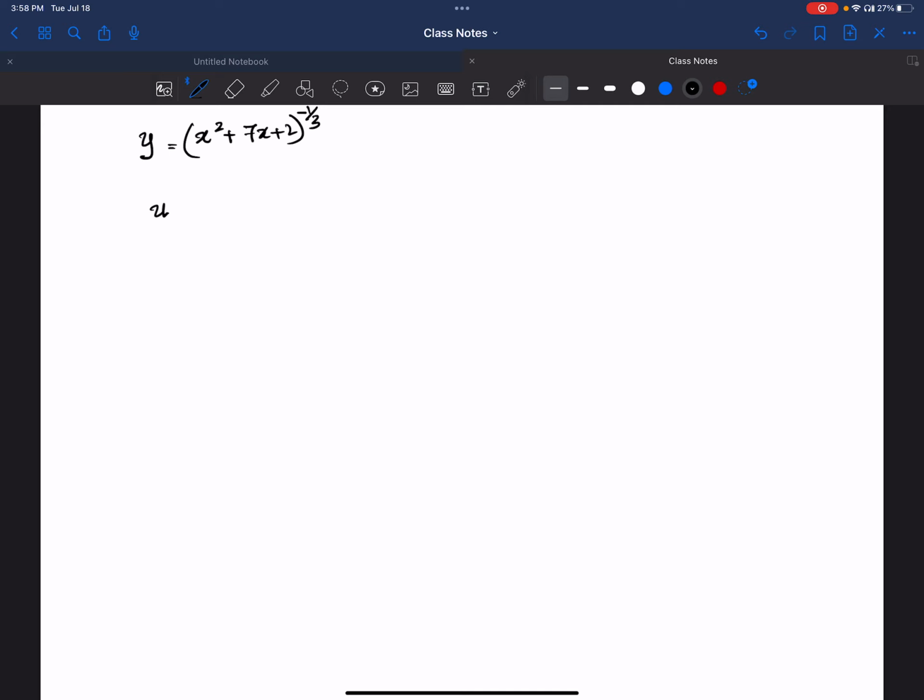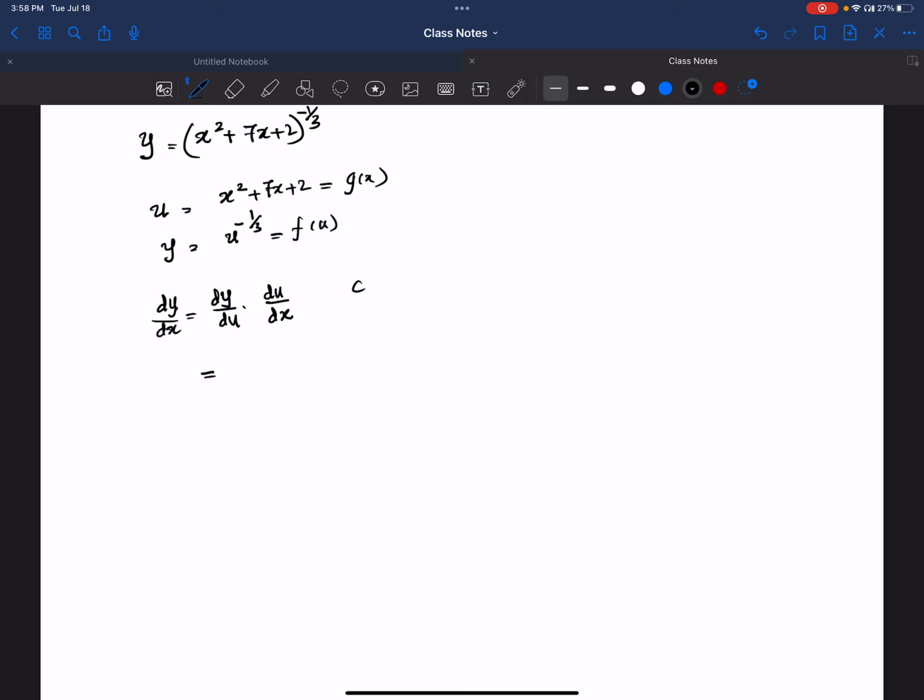Now I define my u. U is equal to the inner function x squared plus 7x plus 2. That's my u, which is actually g of x. And then I define y, which is going to be u to the power negative one third, which is f of u. Now I want to find dy over dx, which is equal to dy over du times du over dx.